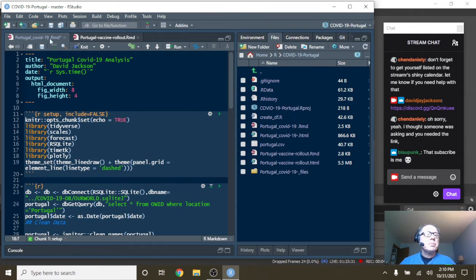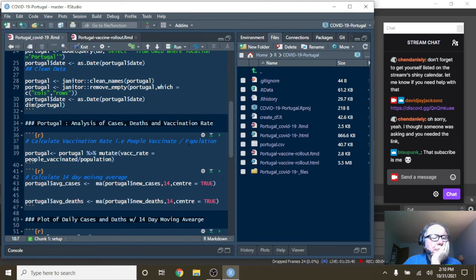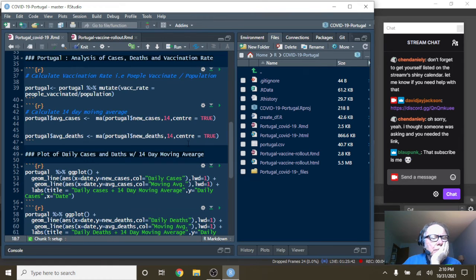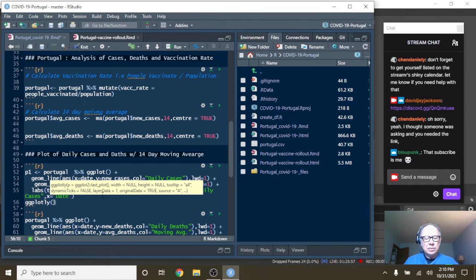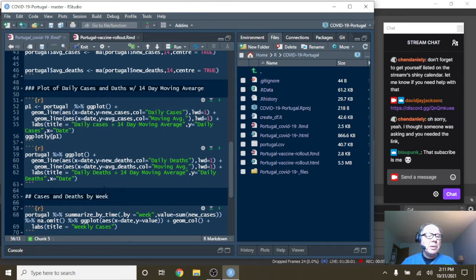Let's just convert these plots to plotly plots, shall we? I'm just going to convert these to the interactive plots.